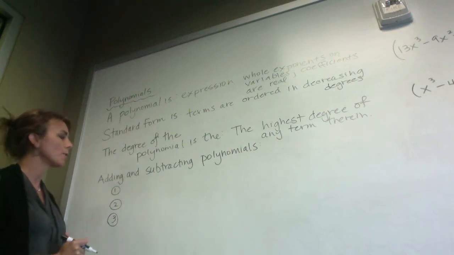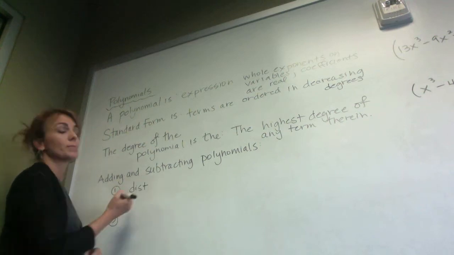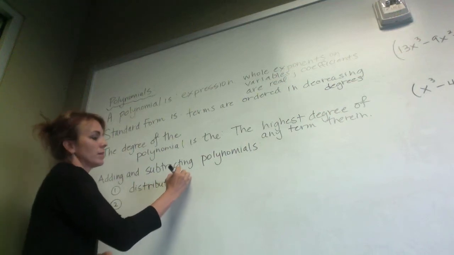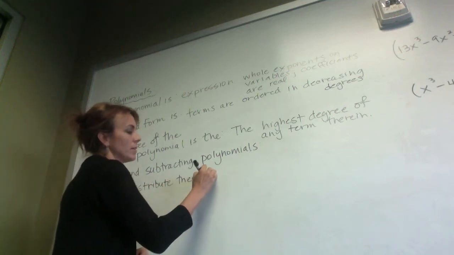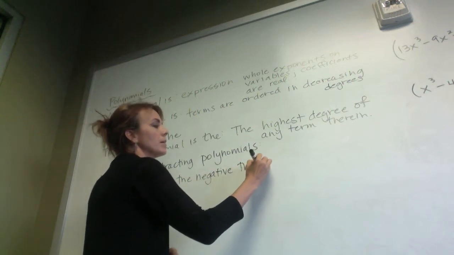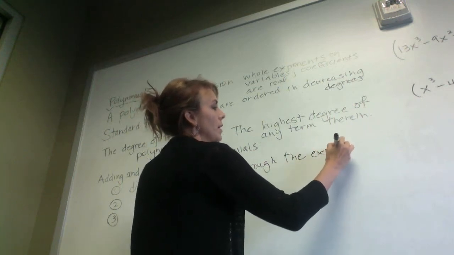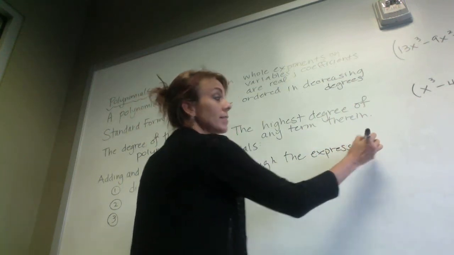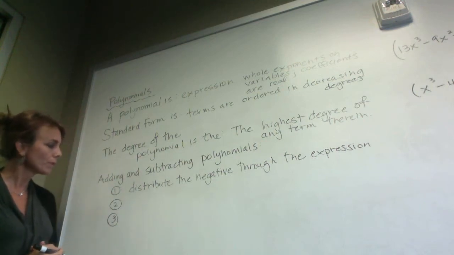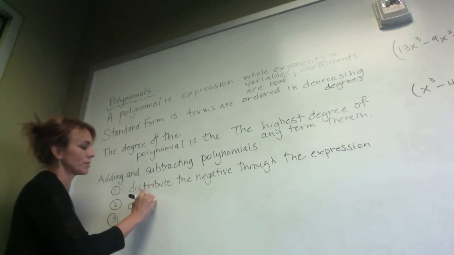The first step would be, if you have a subtraction problem, you're going to distribute the negative through the expression, okay? So if you're adding, this does not apply because there is no negative in front of any expression. The next thing you're going to do is combine any like terms, okay?